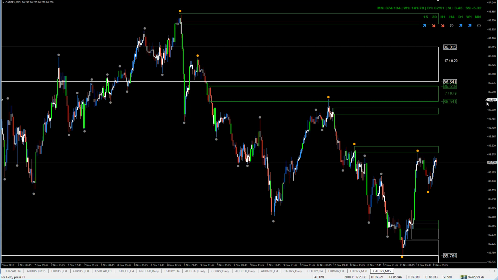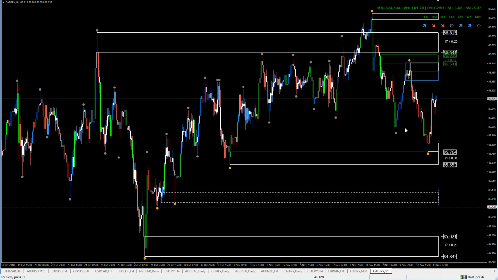So this is no longer a parent, this is a child, and it's reacting to this micro supply that we have just up here. And so what does that mean? Well, that means you do not want to sell until price reaches the price of at least the highs of this retracement here. So the sell zone starts here and it goes up higher. So this is where you would look to start to sell.